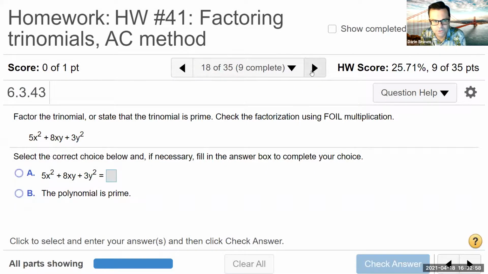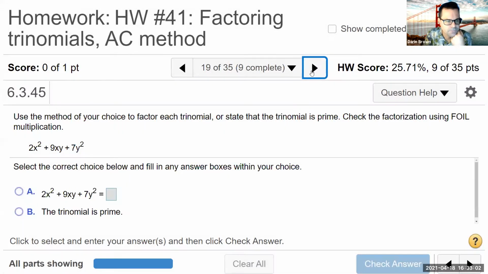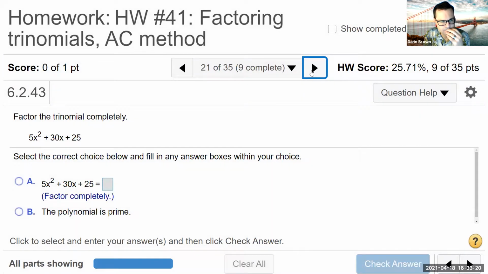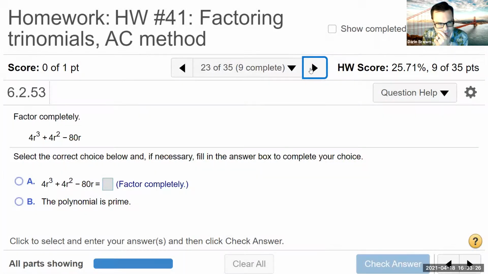Okay, let's go on one where it's really, let's see. Okay, actually, let me see what's coming up here.